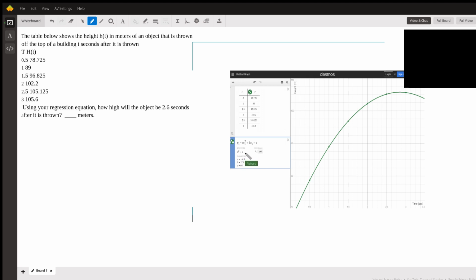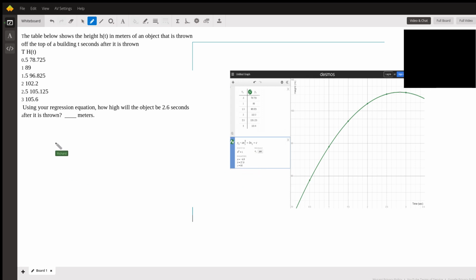R squared equals 1 tells me it's a perfect fit, so there's really no question about whether I chose the right model. Linear wouldn't work as well, and so on. And now it's giving me the coefficients of the regression equation down here.